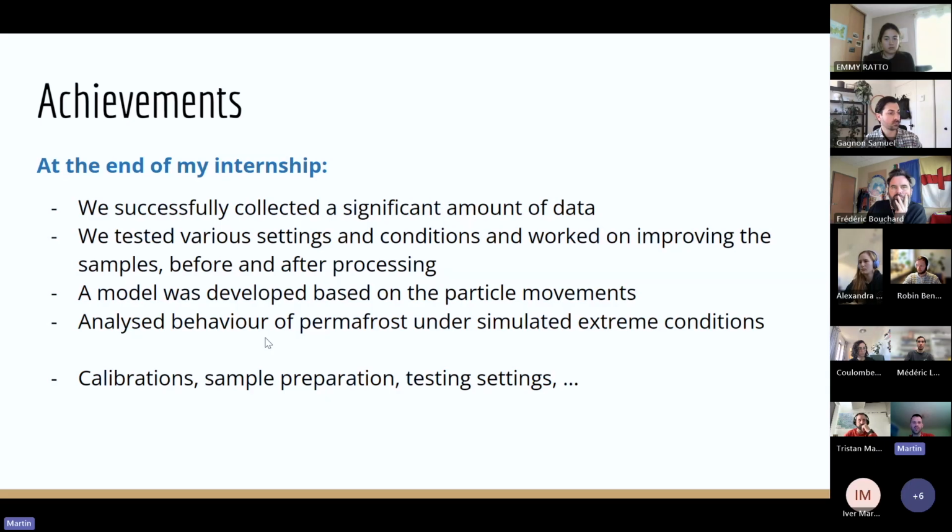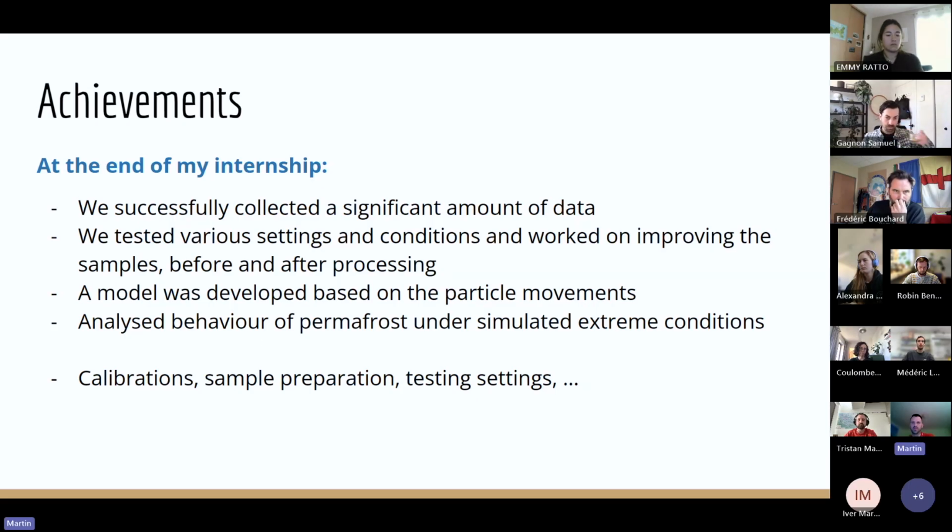After the internship, after these 2.5 months, we successfully collected a lot of data related to permafrost, thawing columns, temperature, moisture, and we tested various settings and conditions.